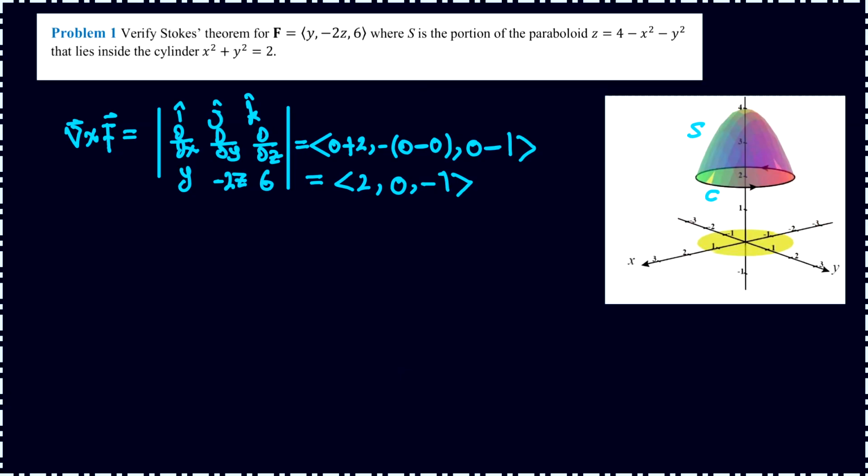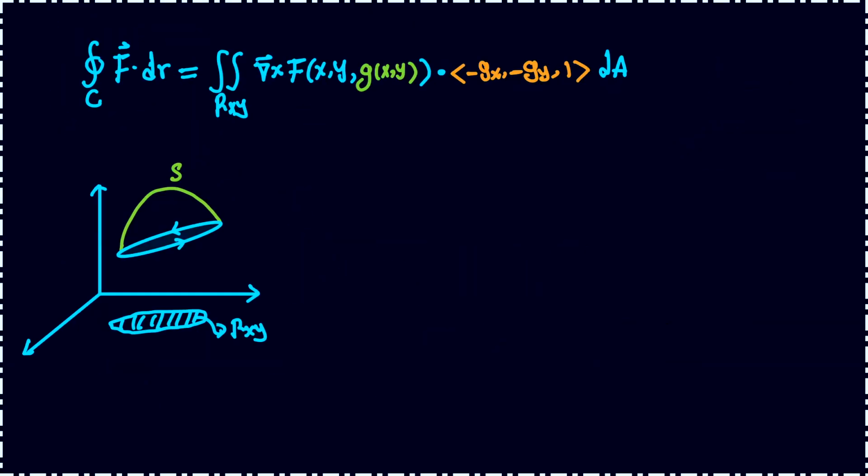Now, using Stokes theorem formula, we're going to have the double integral over the region in the xy plane of the curl. Let me just write it down. Well, I actually have a formula right there.